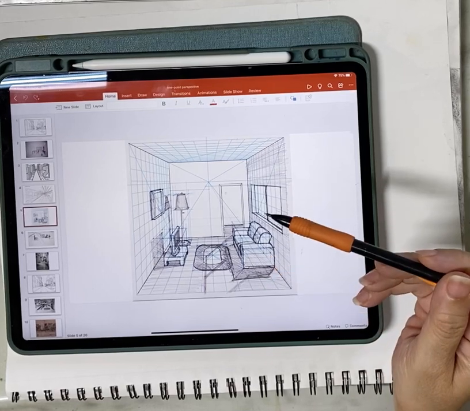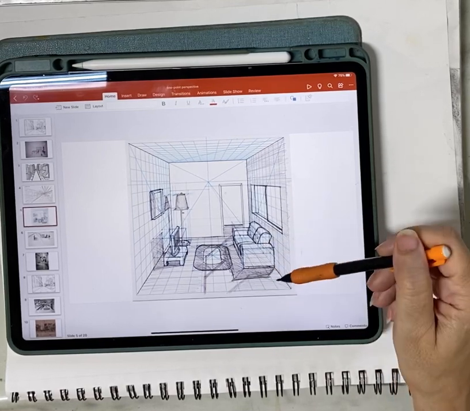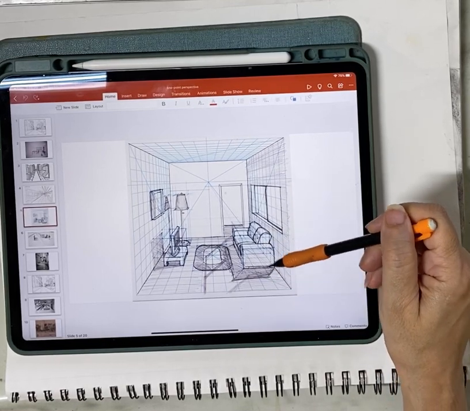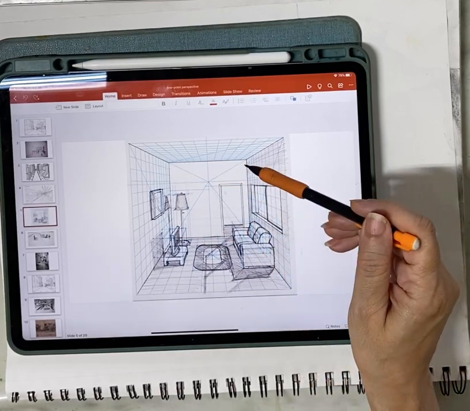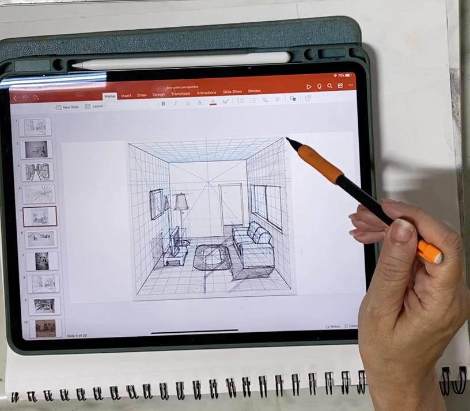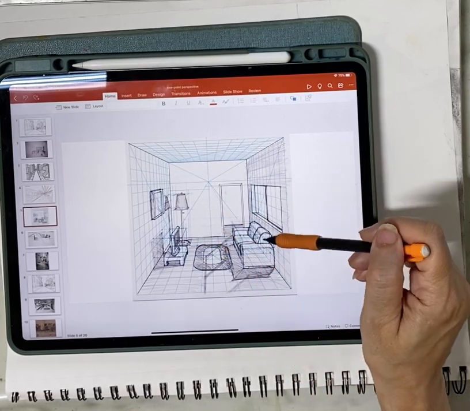When we are looking at our room, again, we see a square or rectangular shape here, and this is vertical.